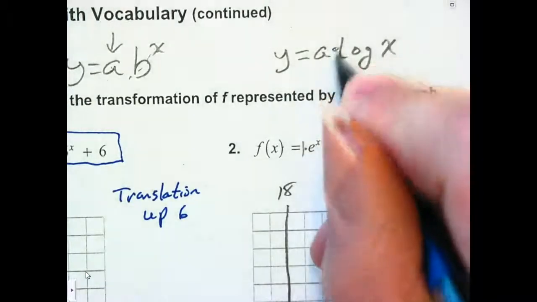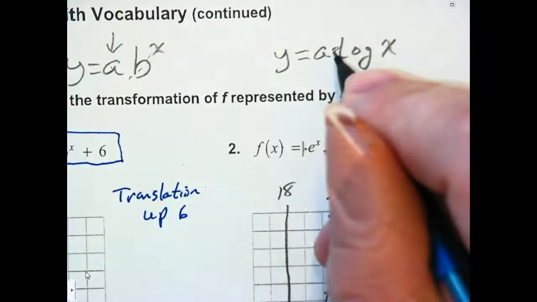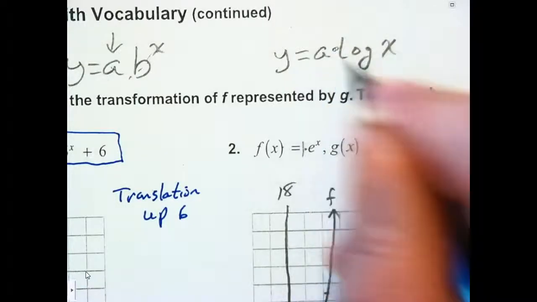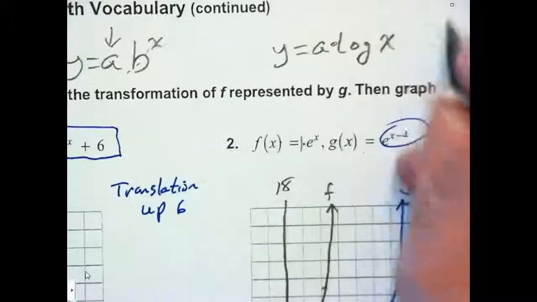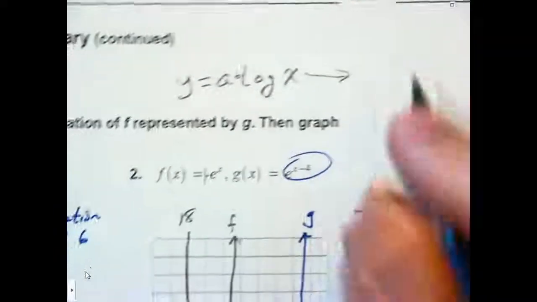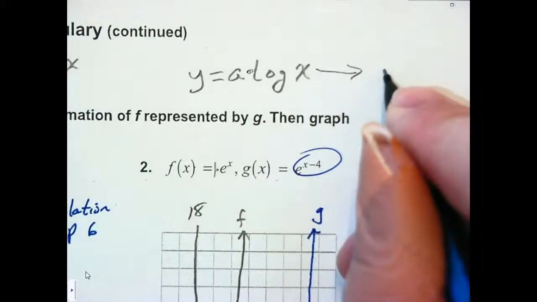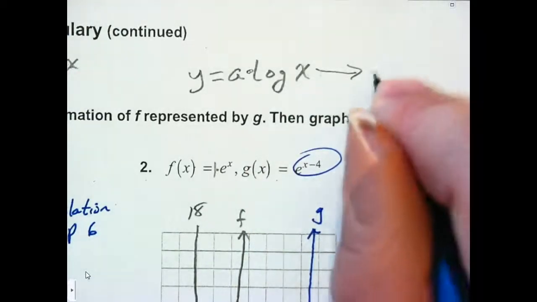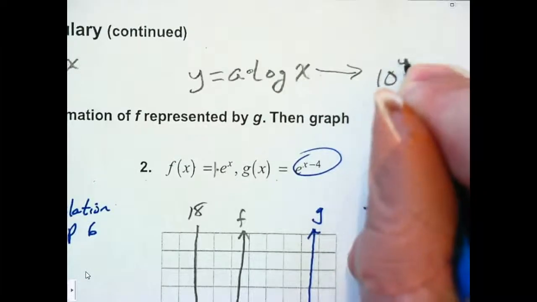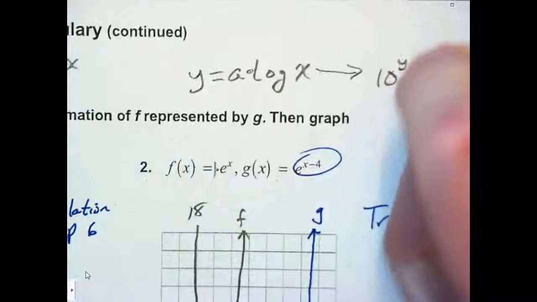A is my, when I put 0 in for x. Okay, here. Let's write that exponentially. Come on, what base is it? 10. So it's equals ax. Thank you. Okay.